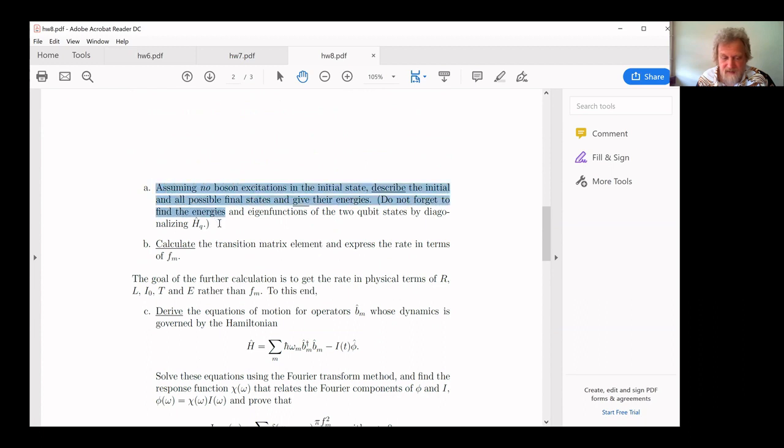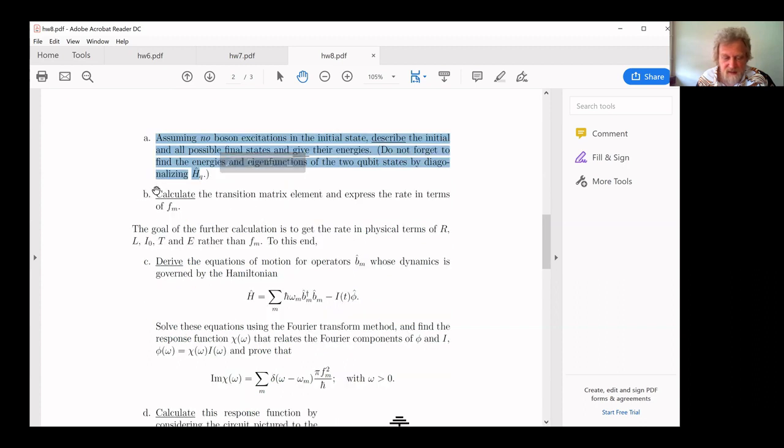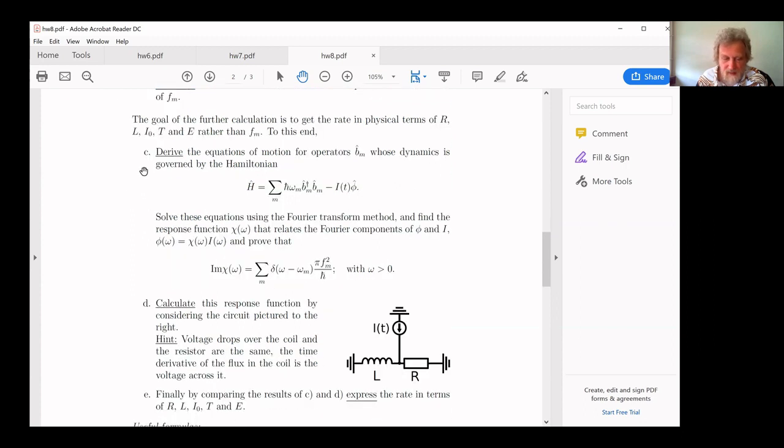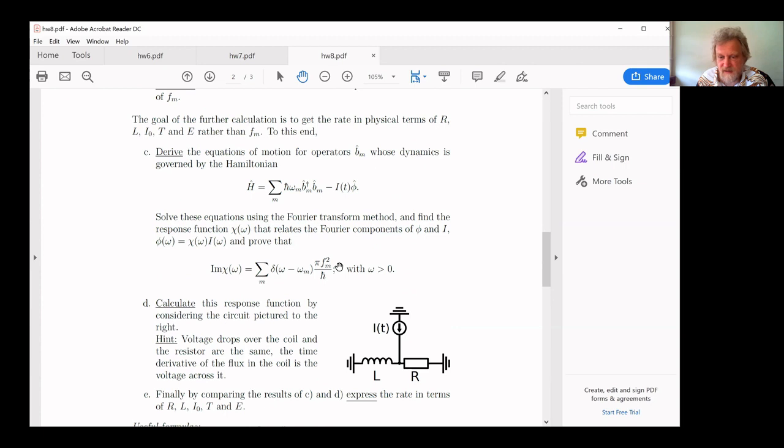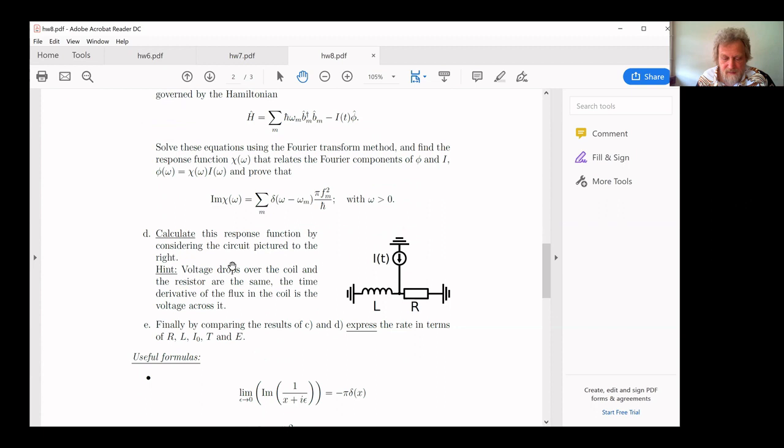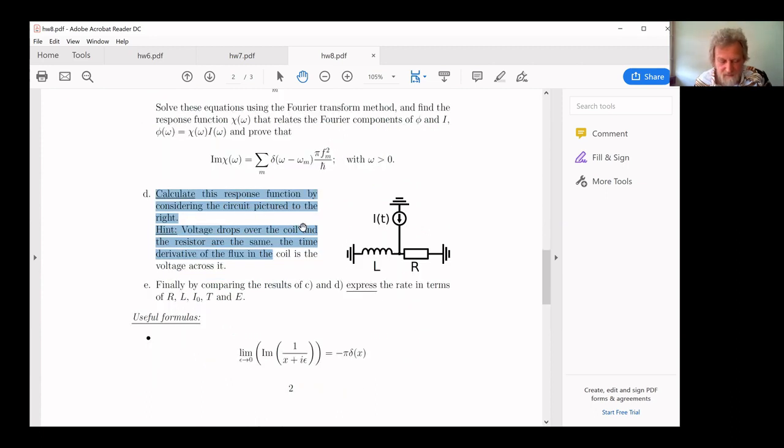So first point, just figure out what the excitations and the initial and final states are. Our second point is to compute the transition matrix elements and eventually the rate in terms of Fm. Then there is a derivation which repeats the derivation from the lectures and the books. And the calculation of the response function from the classical theory of circuits.